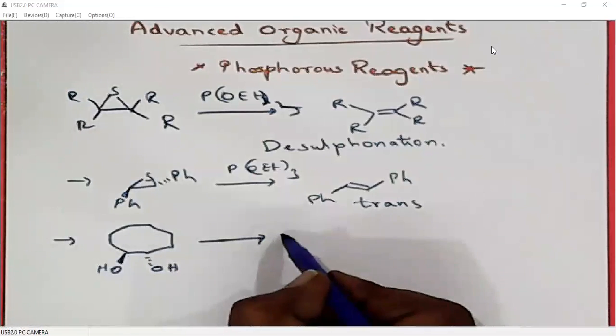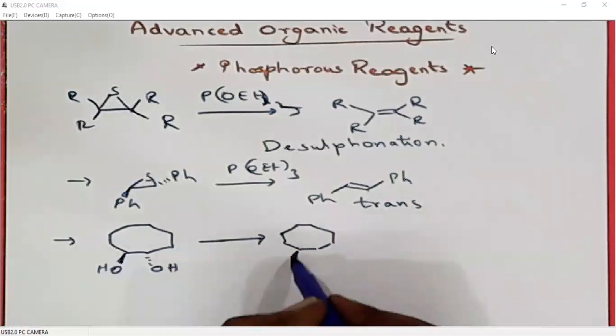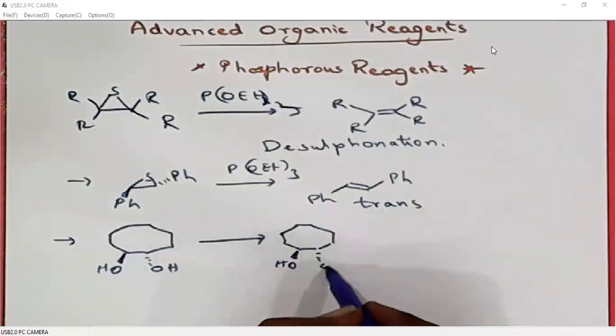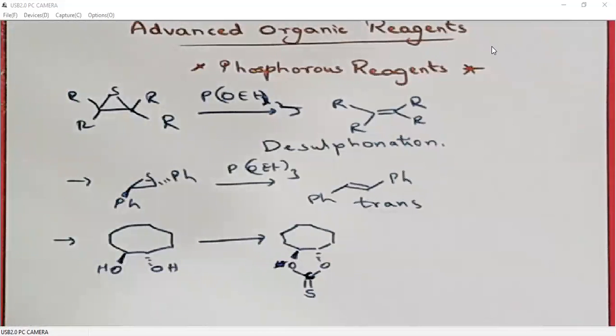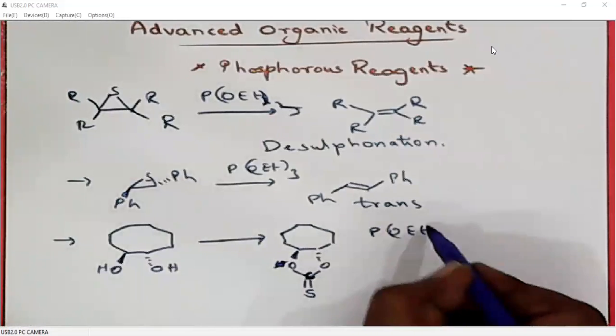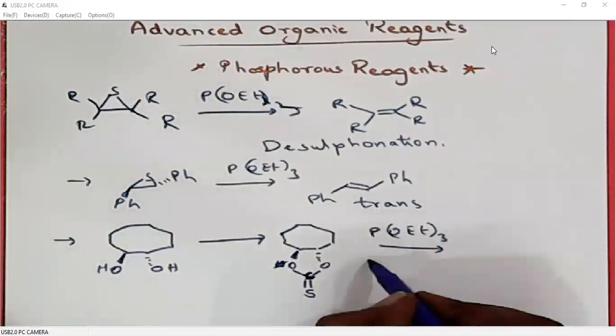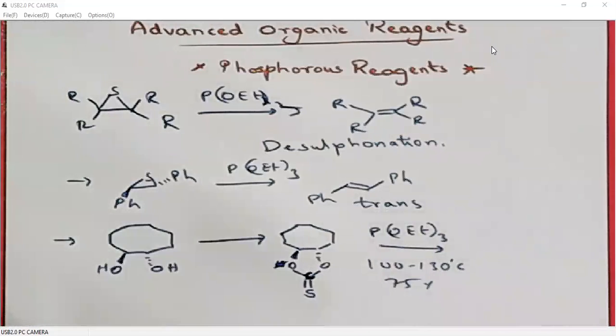We can dehydroxylate these two hydroxyls by first converting the diol into a thioester, C double bond S. We need to convert this into a thioester first, then we can treat it with triethoxyphosphine so that we will get dehydroxylation. So these two alcohols will be removed and we will get a double bond.